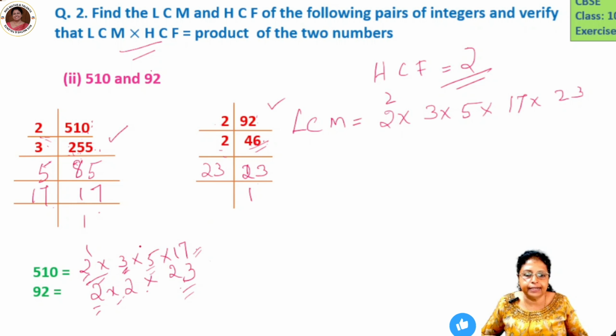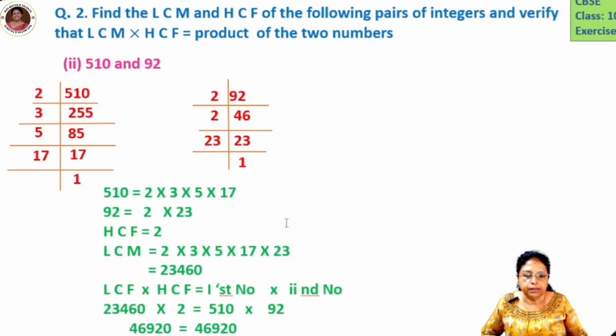Then 3 raised to 1, 5 raised to 1, 17 raised to 1, and 23 also has power 1. So LCM is 4 times 3 times 5 times 17 times 23. If you find the product, you will get 23460.